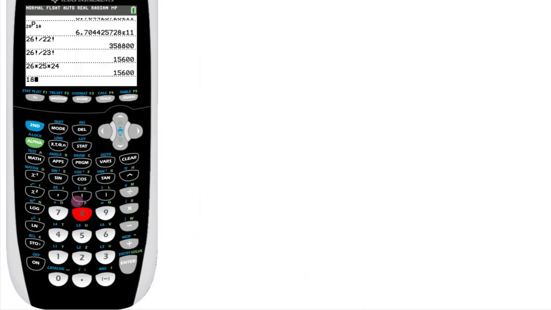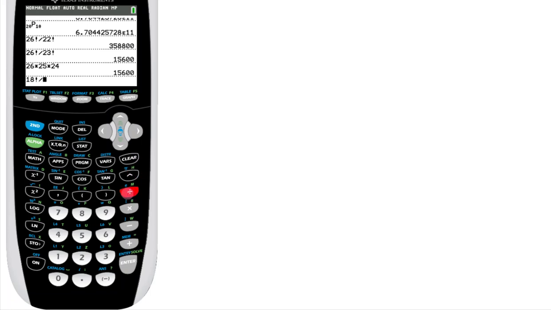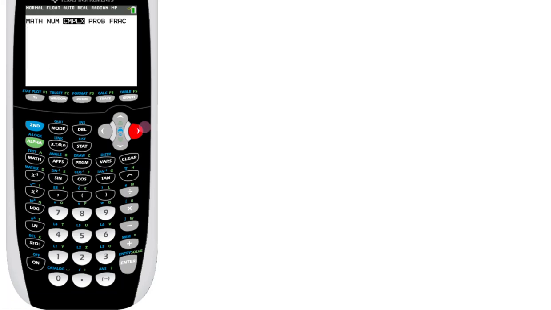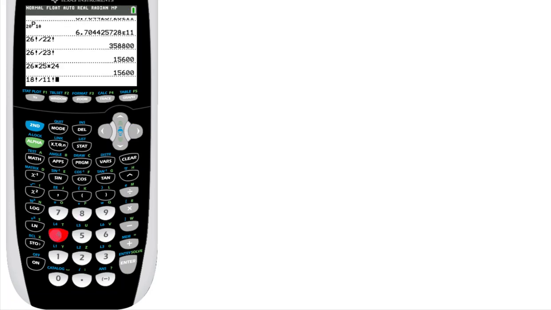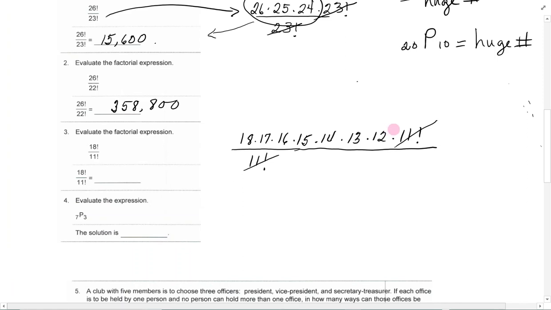So it is 18 factorial divided by 11 factorial, and you get a really large number. I'm not going to copy it, but it is 160,392,960. So it's huge, and that's the same thing you would get if you multiplied all of those.